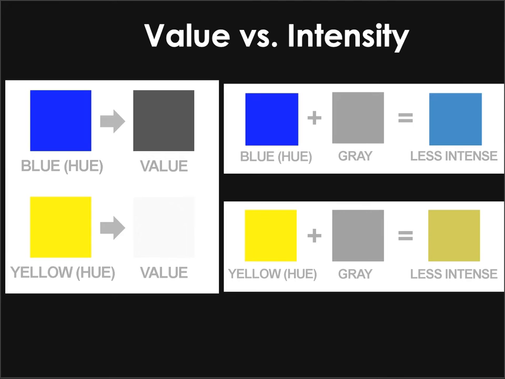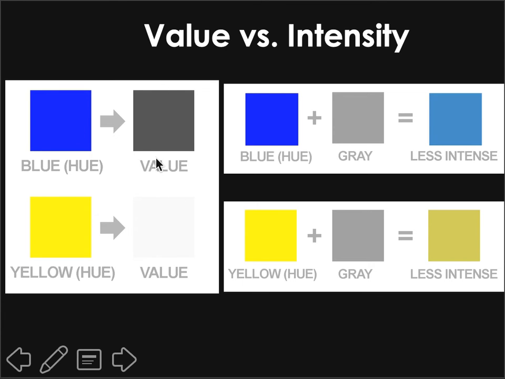So value versus intensity. All colors have an inherited value. We talked about that in the last unit. For example, a true yellow is lighter in value when compared to a true blue, which is much darker. So if we look over here on the left-hand side of the screen, you can see this. Here are the colors. Here they have been transitioned to a black and white or a value scale.